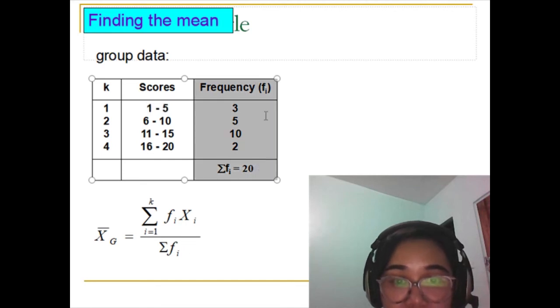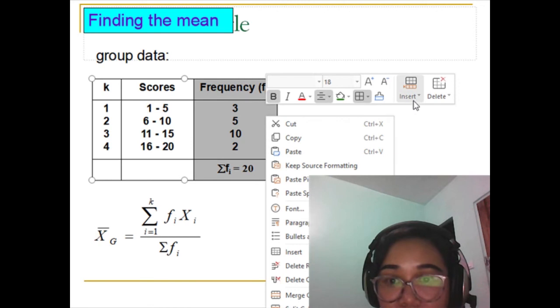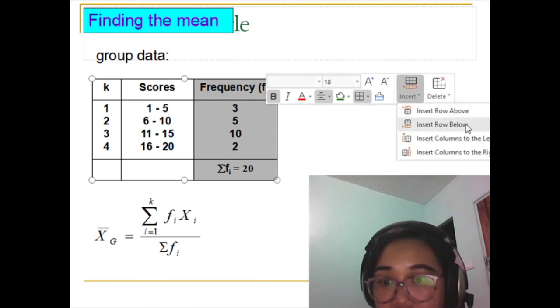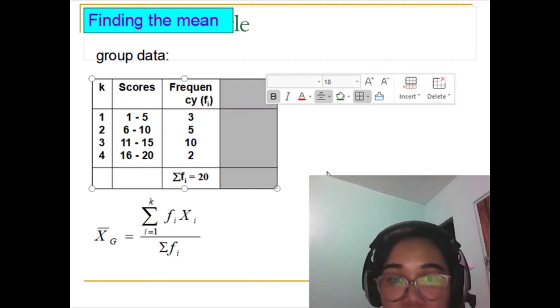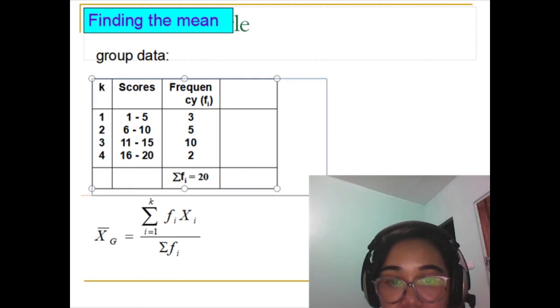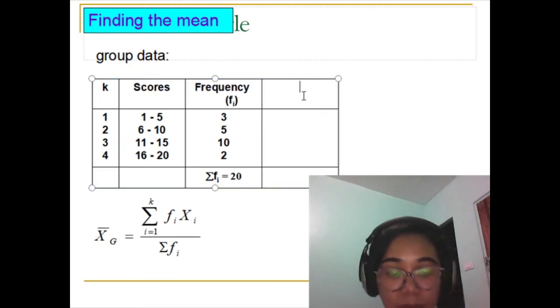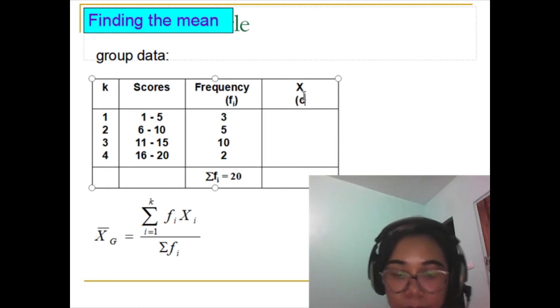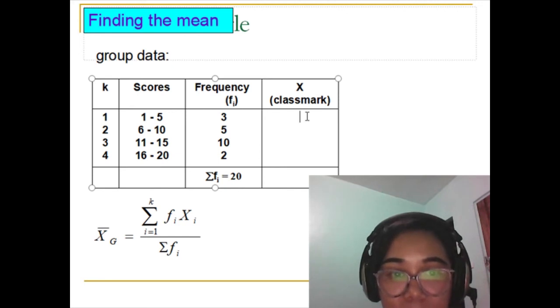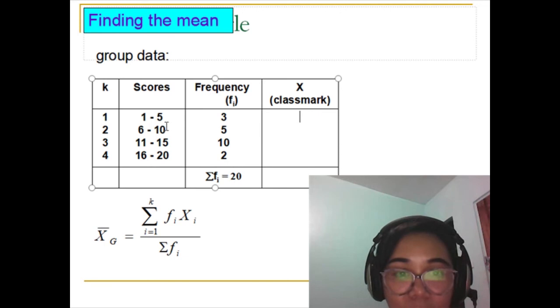Since class mark is not given, we have to calculate the class mark. It is the average of your interval. So you simply get the sum of your lower limit and your upper limit and divide it by 2.